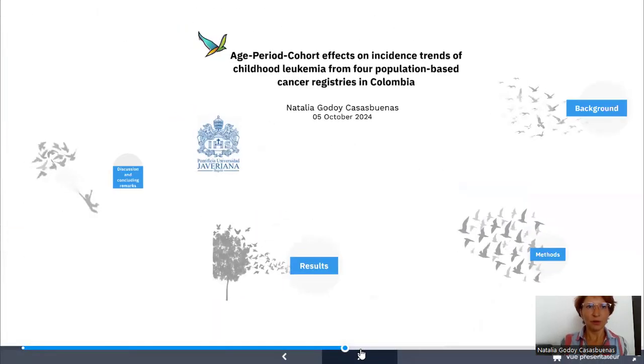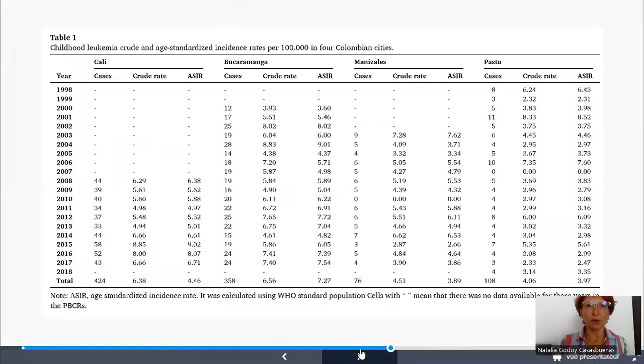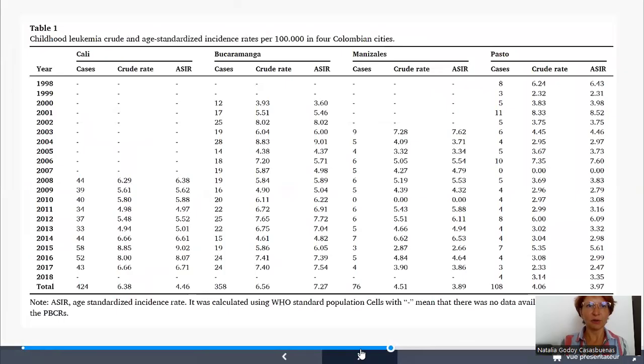Moving on to the results, during the different periods in the 4 PBCRs, a total of 966 childhood leukemia cases were identified. The age standardized incidence rates varied by city, where Bucaramanga reported the highest incidence rate of 7.27 and Manizales the lowest with an average incidence rate of 3.89 per 100,000 person years.